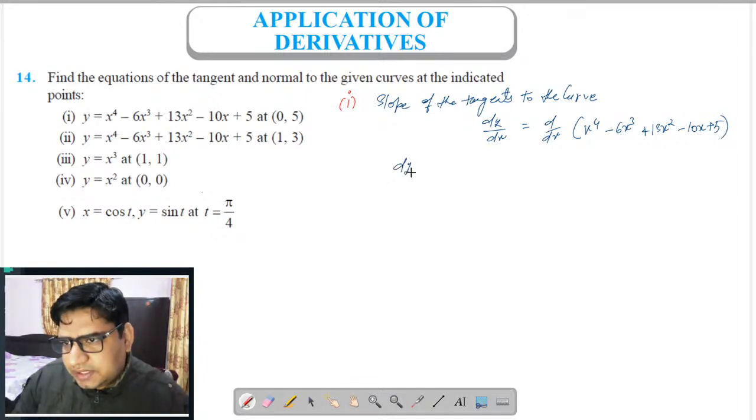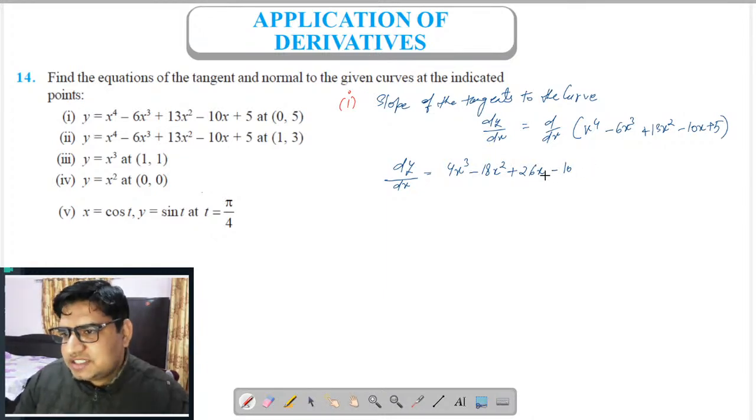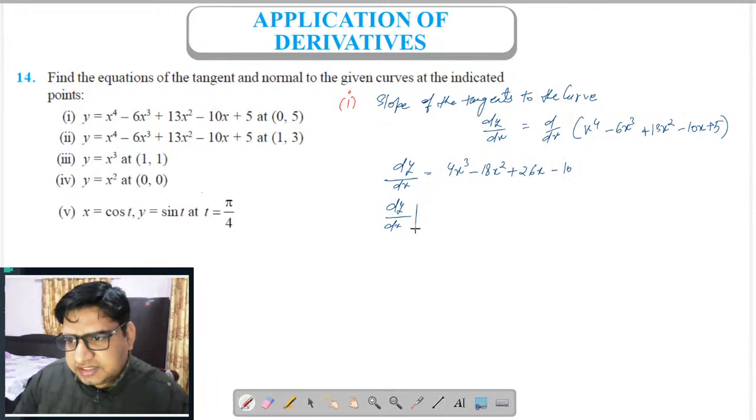So dy by dx will be equal to 4x cube minus 18x square plus 26x minus 10. And we'll simply find out the slope of the tangent at the given point, and the given point is x is equal to 0.